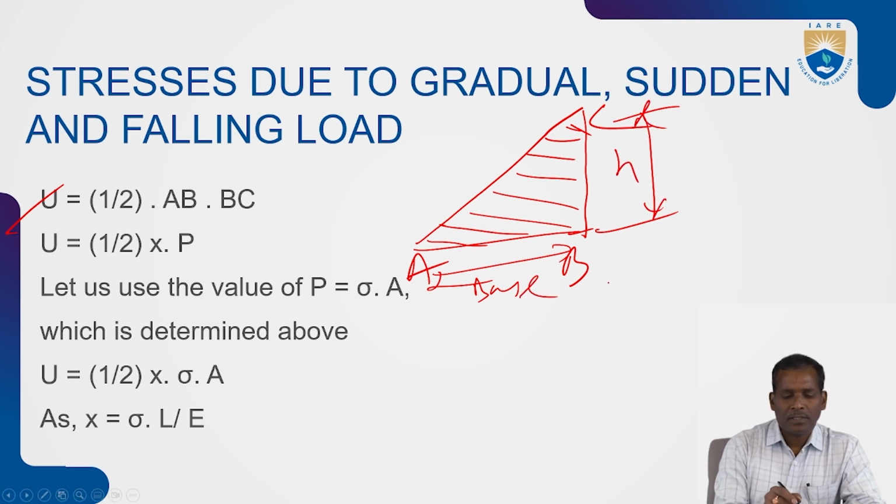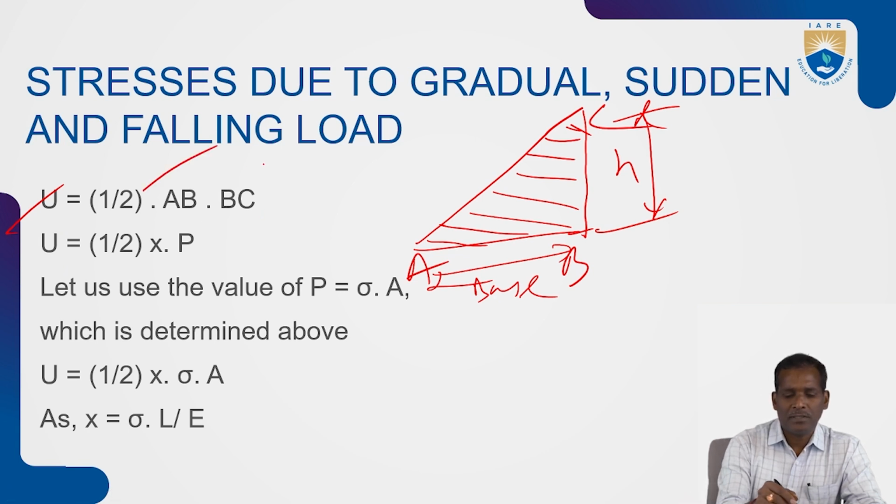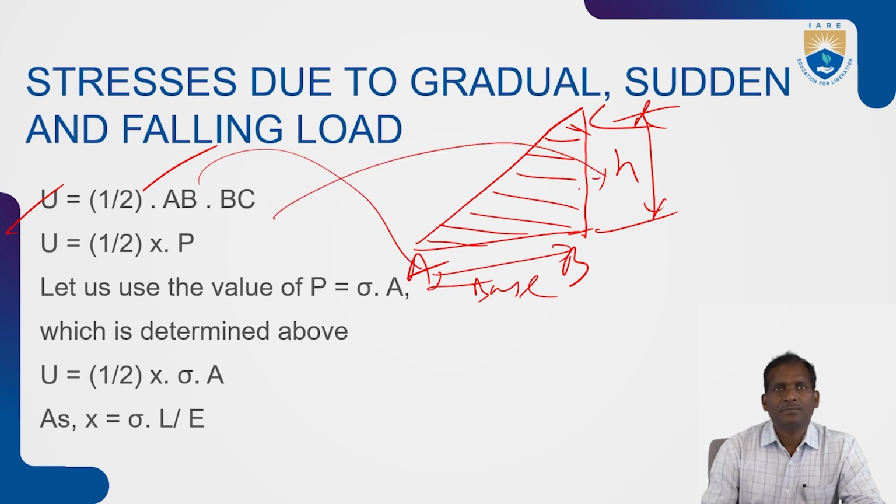Now the strain energy is equal to half multiplied with AB, that is the base, and BC, that is the height.